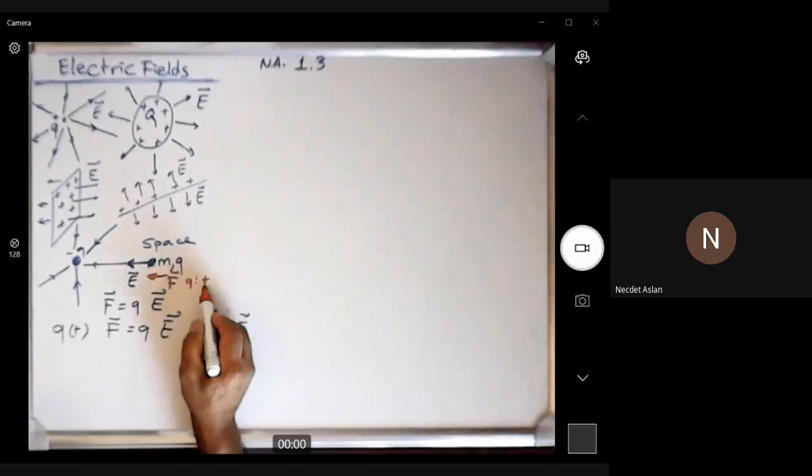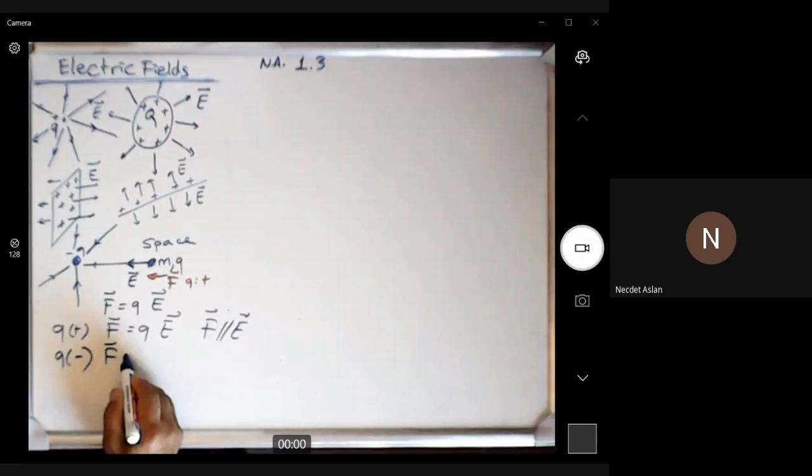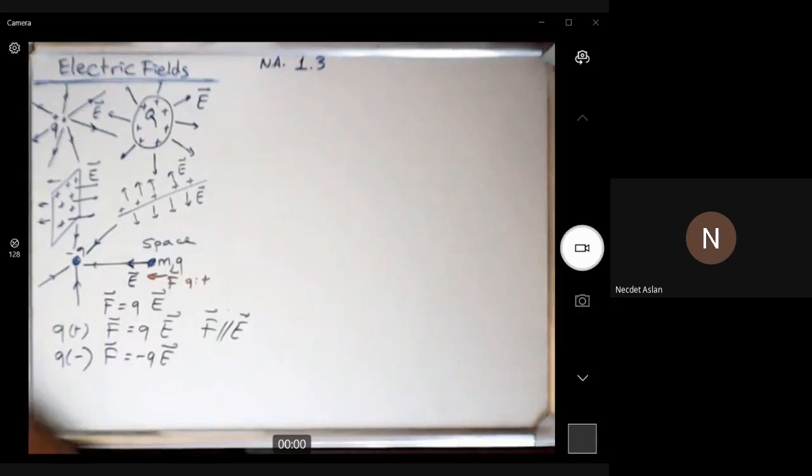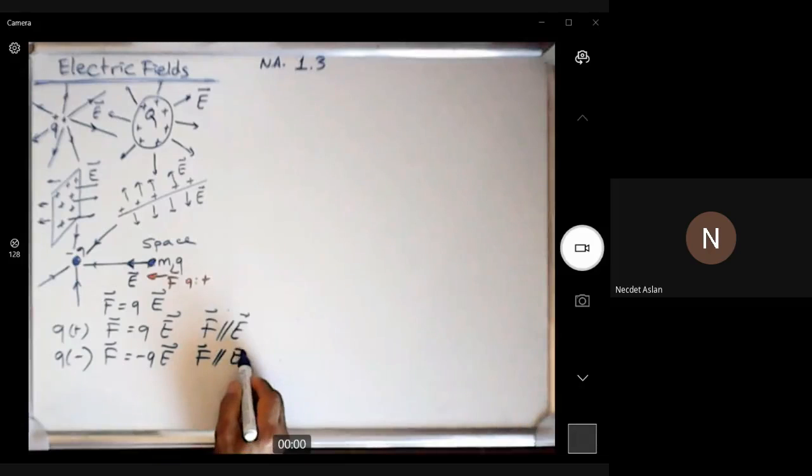So that is for Q positive. But when the charge is negative, then the force will be equal to minus QE, okay? Q being the magnitude. In this case, F will be opposite. It will be parallel to E, but in the opposite direction.